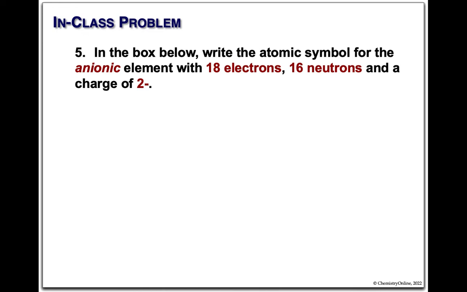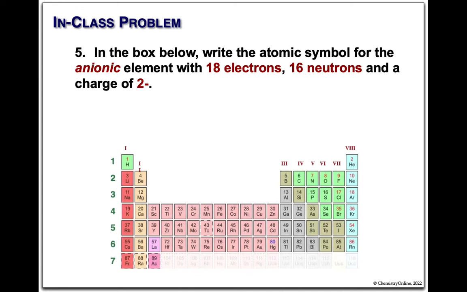All right, we're doing an atomic symbol here. We have an element that is anionic with a charge of -2. We are told that it has 18 electrons and 16 neutrons. First thing you have to figure out is what is the element. We look at our periodic table.